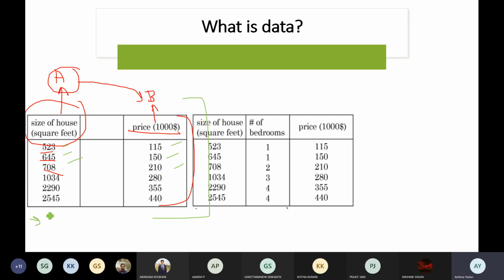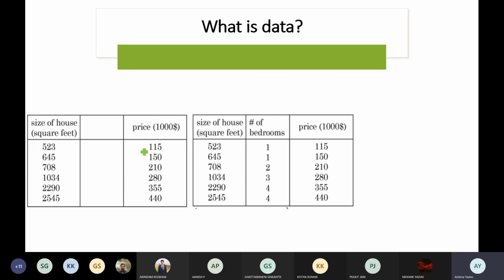Now, what if I have one more attribute in this? Here, apart from the size of the house and the price, I have the number of bedrooms also.